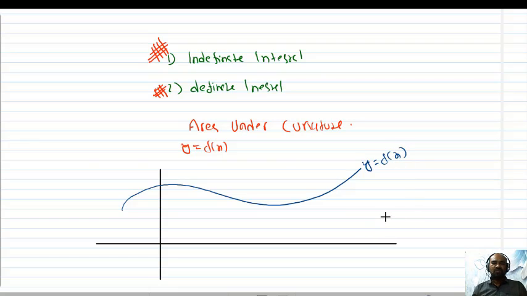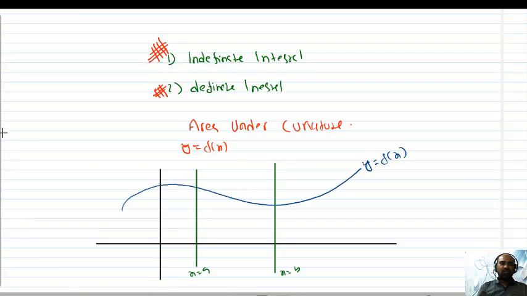Two vertical lines are drawn. This is one vertical line, this is another vertical line. The names of these vertical lines are x equal to a and x equal to b. Actually, the main purpose of the invention of integration is to find the area of the shaded region.